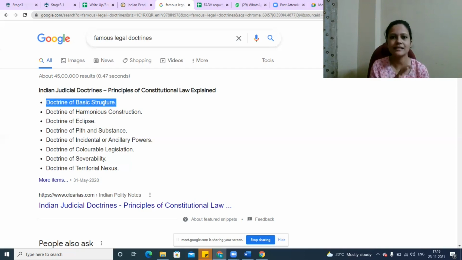But this list is not exhaustive. It says the list is open. Today we feel that these are basic structures. Tomorrow if somebody else wants to add anything, they can add it. Additions can happen.